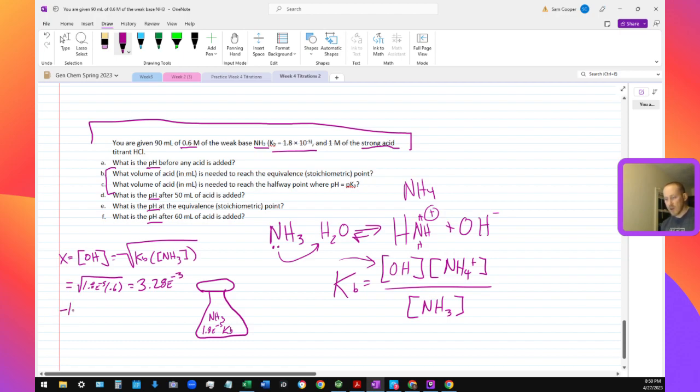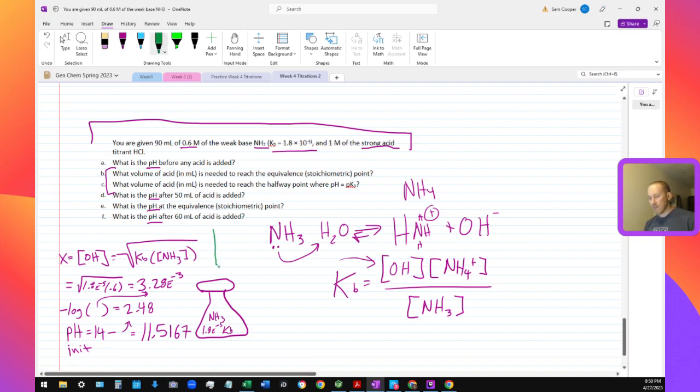And so the negative log of that equals 2.48. But that is not the pH, that's the pOH. The pH equals 14 minus that, which equals 11.5, which makes sense. Ammonia is pretty basic. It's a weak base, but it's a strong weak base. So that is our initial pH before we have titrated in anything.